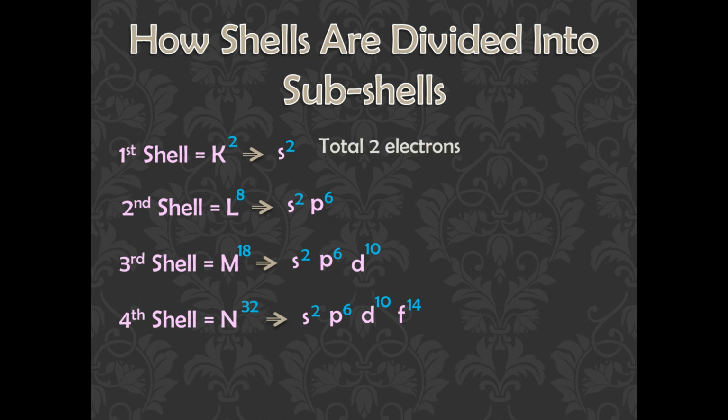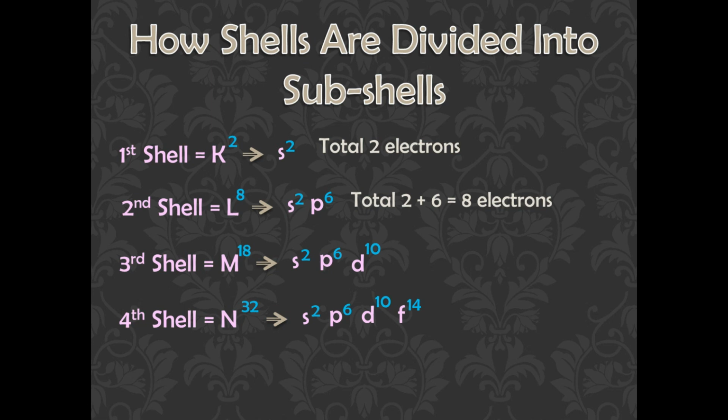As I have told you, the first shell can hold only 2 electrons, and both the electrons will be present in its one and only subshell, that is the S subshell. The second shell can hold 8 electrons. These 8 electrons will be divided in 2 subshells, 2 in the S subshell and 6 in the P subshell.